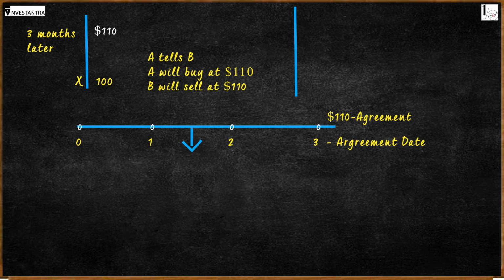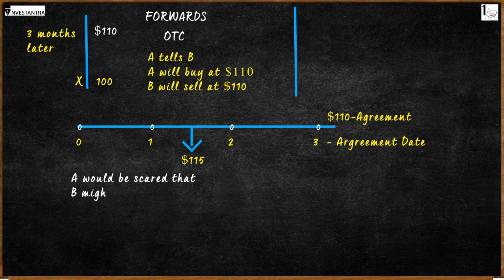You as a seller will be scared because you've made a commitment, right? This is over the counter. Remember, we're talking about forwards. At this point, you'd be scared as a seller. Oh, this is at 115. And as a buyer, A would be scared that B might default. Why?